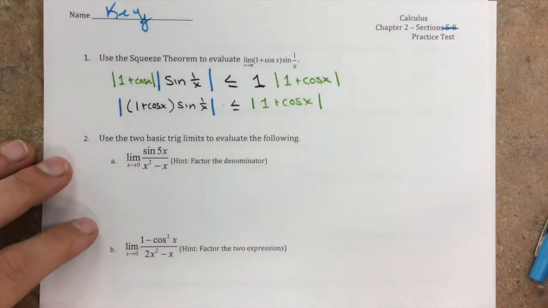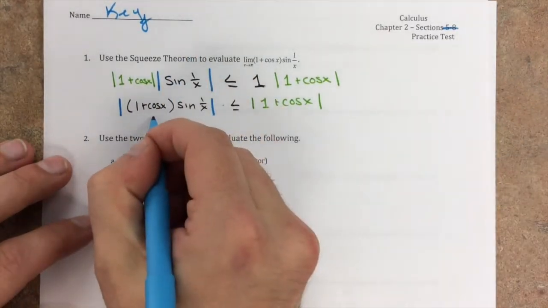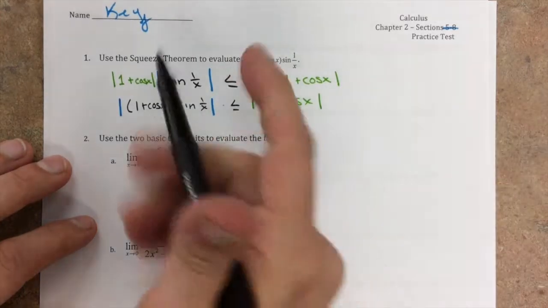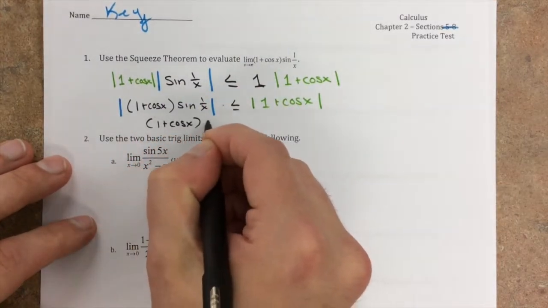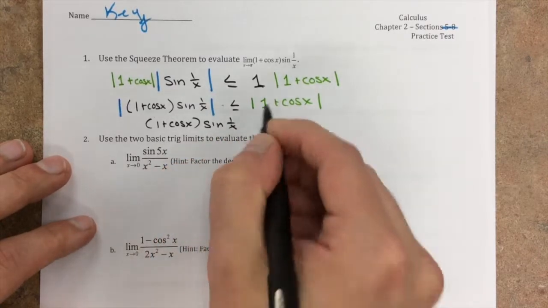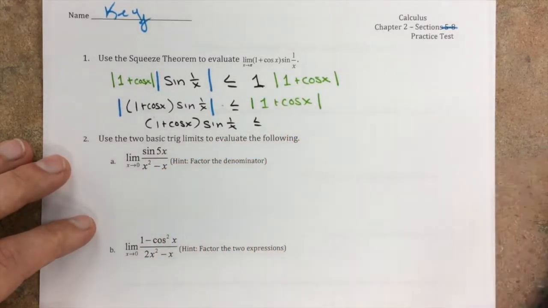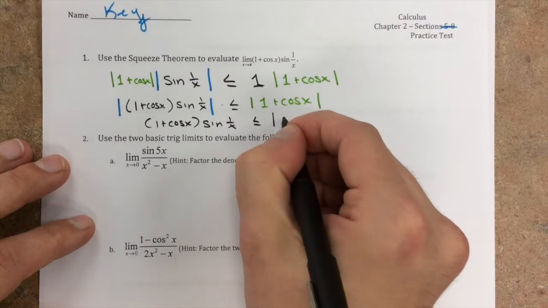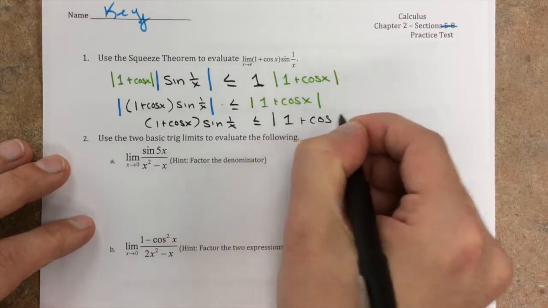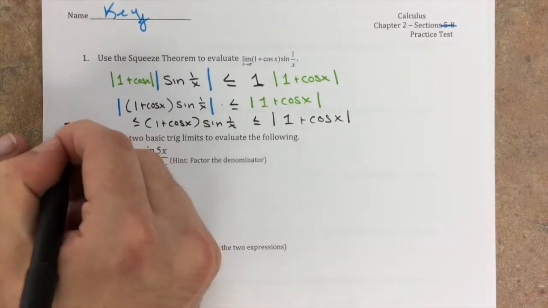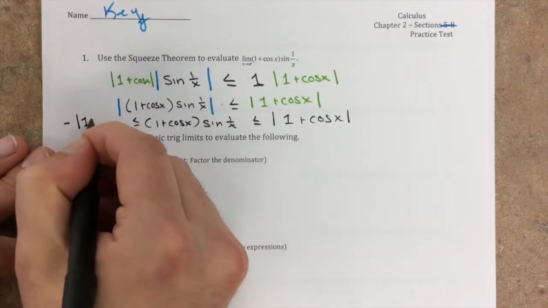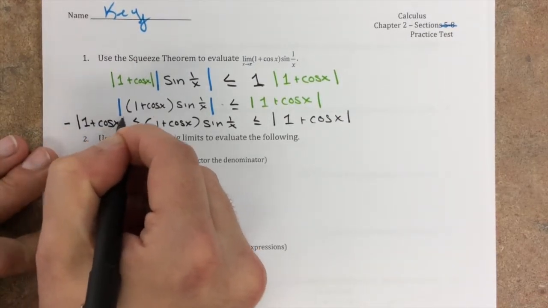So we're going to split this inequality into two things now. I have 1 plus cosine x times sine of 1 over x is less than or equal to the absolute value of 1 plus cosine x and is greater than or equal to the negative of the absolute value of 1 plus cosine x.